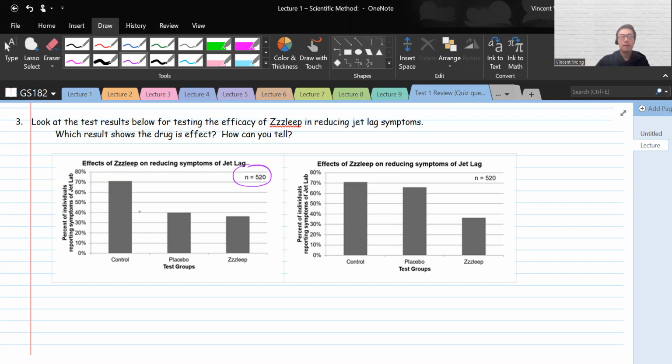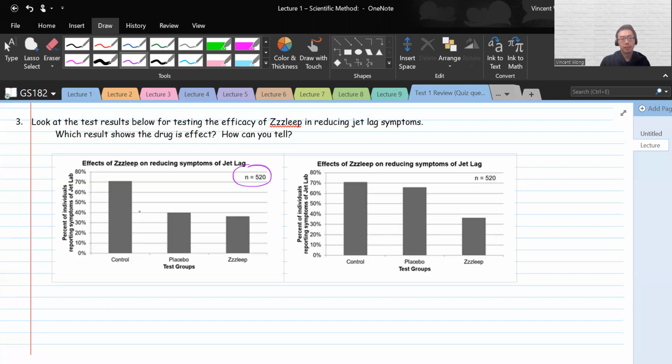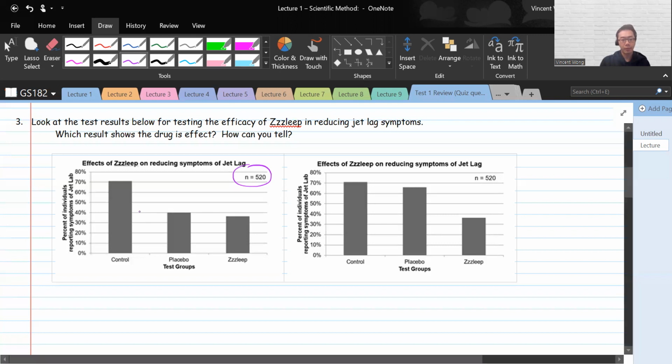Because there's a significant difference between the amount of people that have benefits from the placebo and the amount of people that have benefits from the actual drug. Okay, yeah, thank you. So you'd say it is effective. All right.